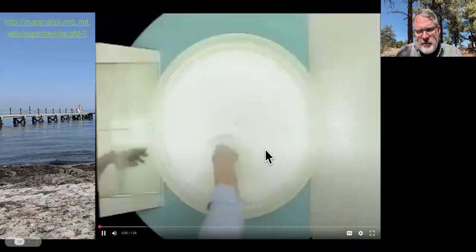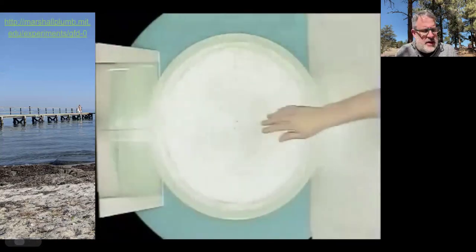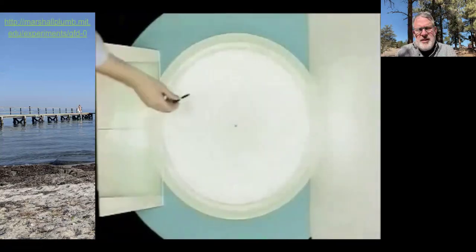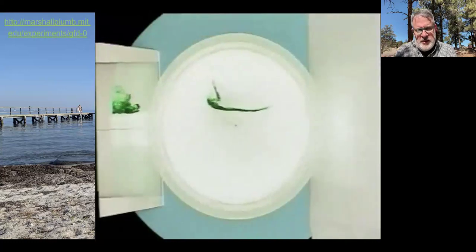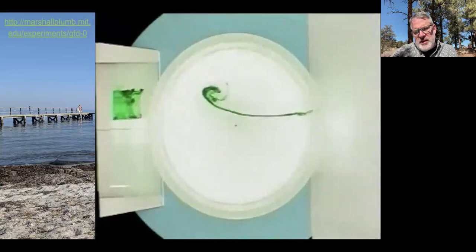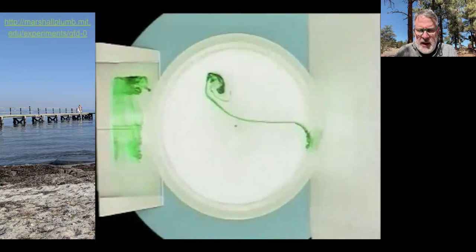So if we go back to our little movie, we have basically constant density water here because it's all room temperature essentially. There's a little density difference between the ink probably and the water, but let's not worry about that too much. And so remember, we had these sort of sheets or curtains of flow that flowed along like that.